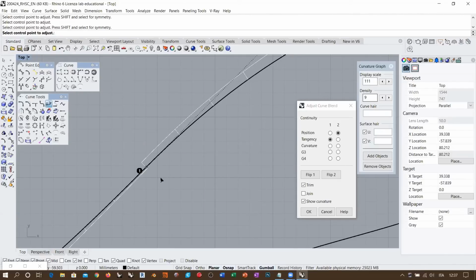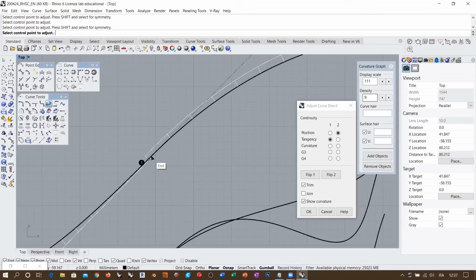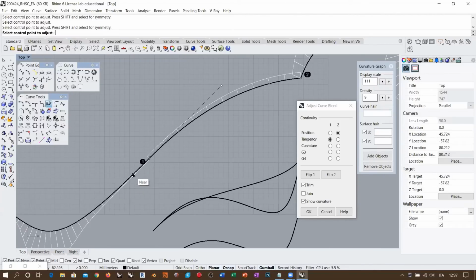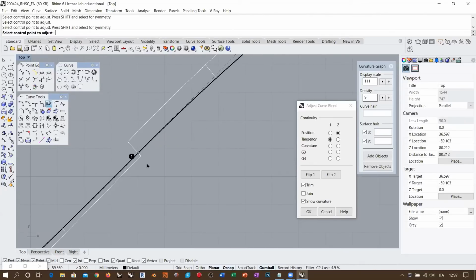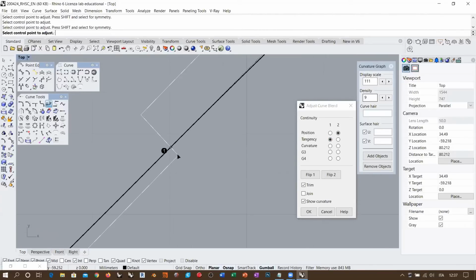This means that this curve has some curvature oriented to the left, while this one has some curvature oriented to the right. Remember that the curvature graph appears on the convex side of the curve. So there is a total jump in the value and in the sign of curvature at this point. Curvature discontinuity, right?